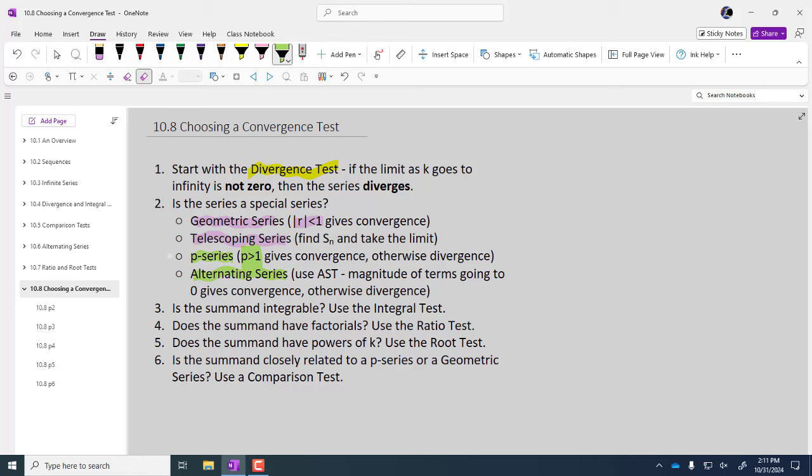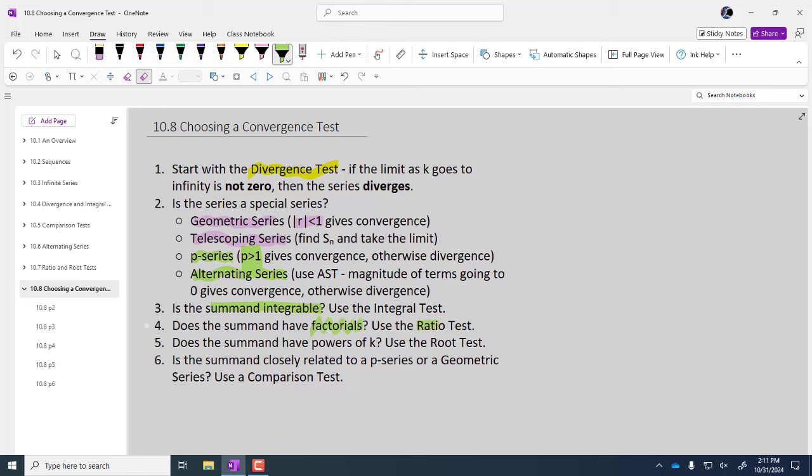All right, so if it's not one of those special series, then we had these other things to deal with. If it was integrable, use the integral test. If you look at that series and you grab the summand, and it's integrable, integral test makes sense. This one's a real big easy flag.